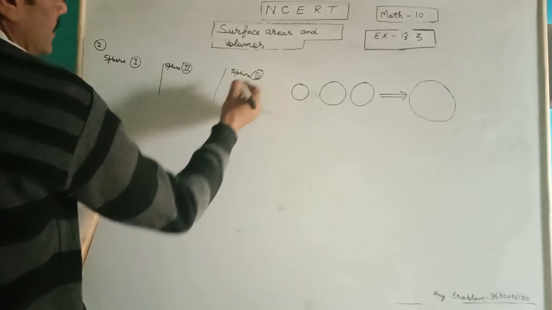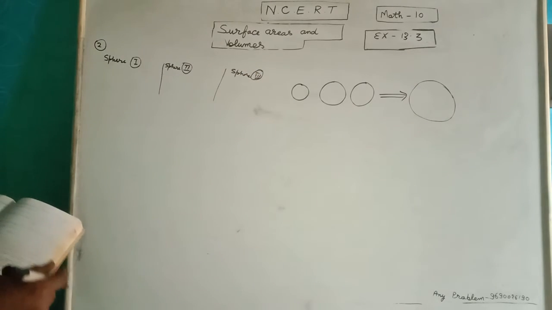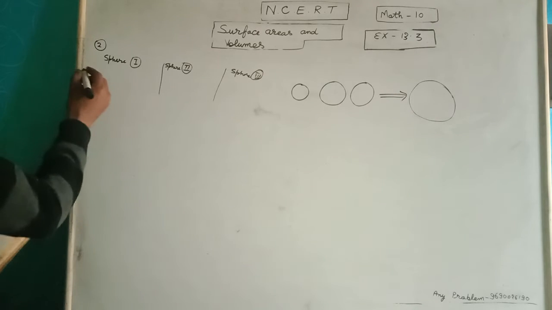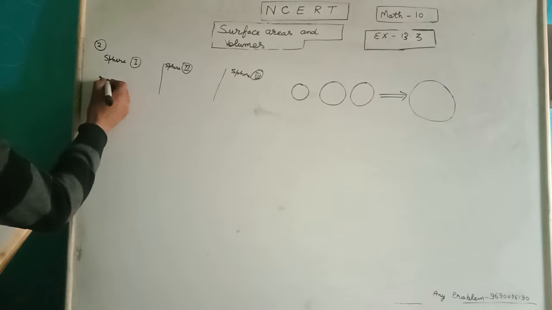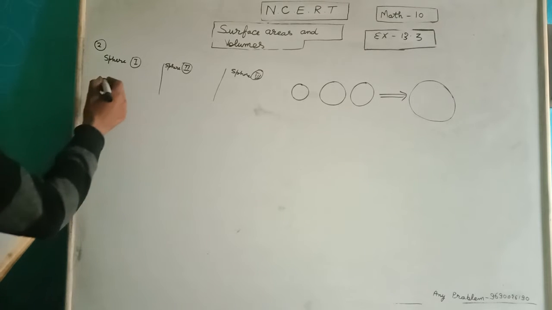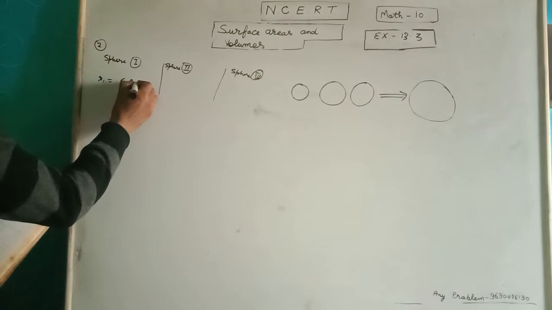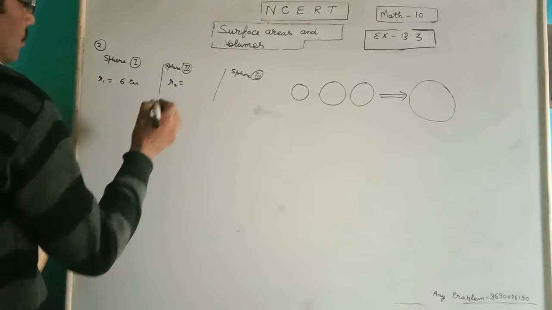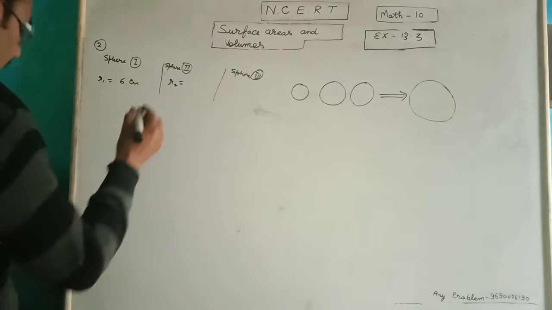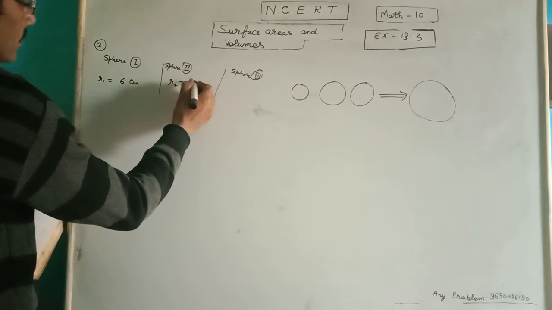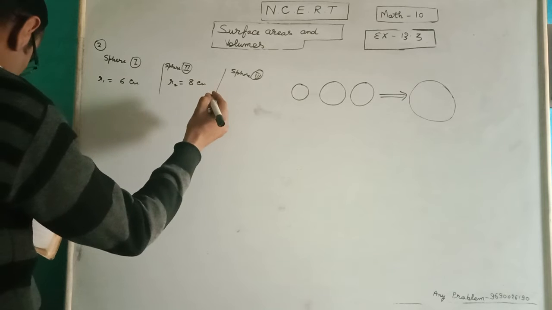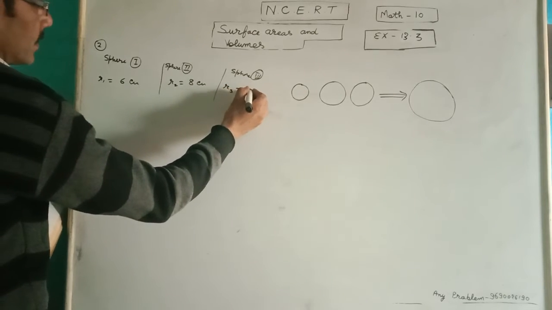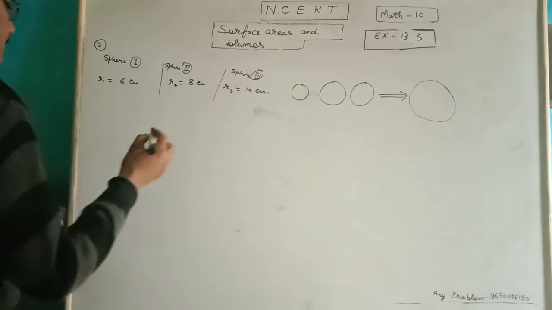Three spheres melted and recast. Radius R1 is 6 cm, R2 is equal to radius of second sphere is 8 cm, then third R3 is equal to 10 cm.